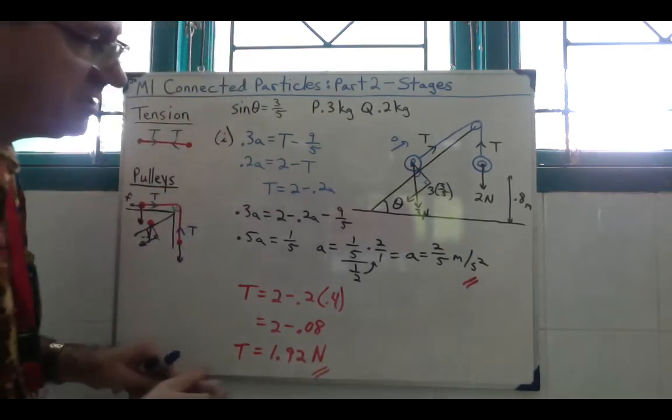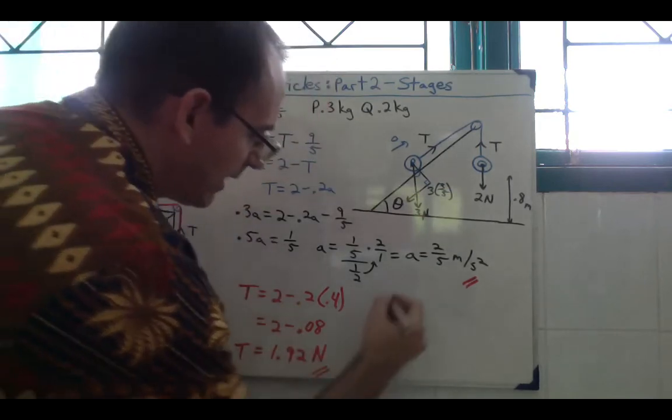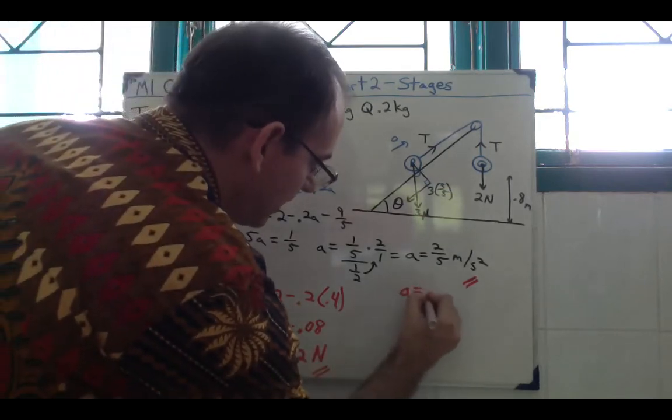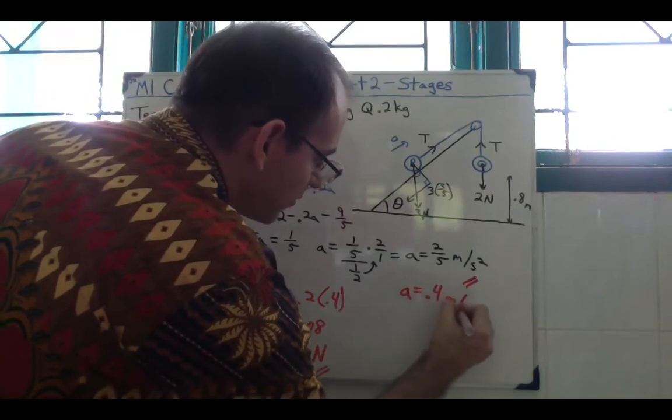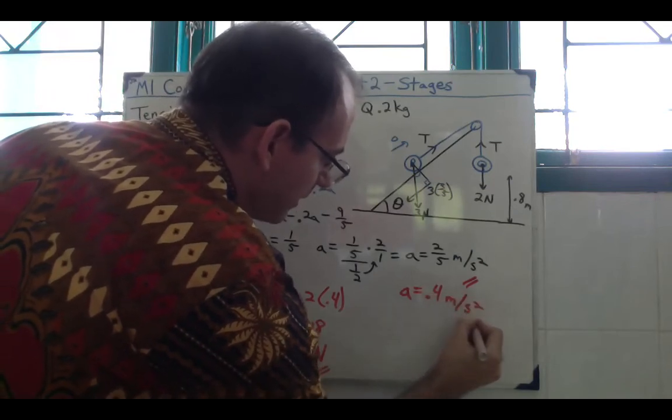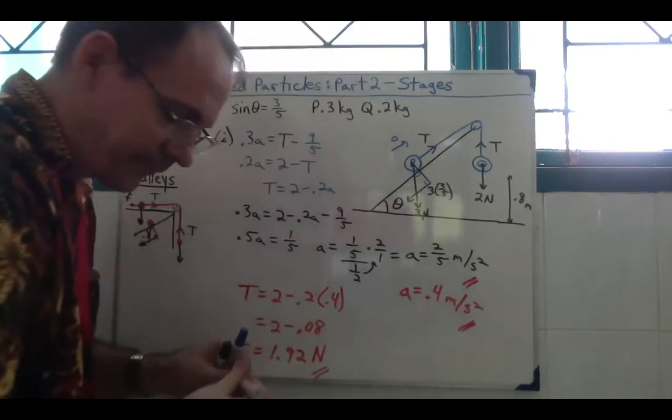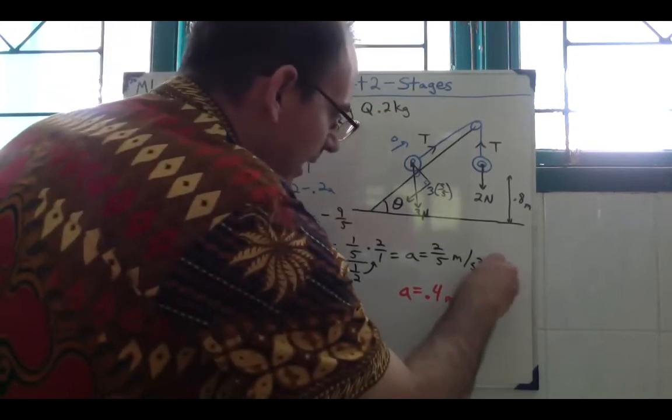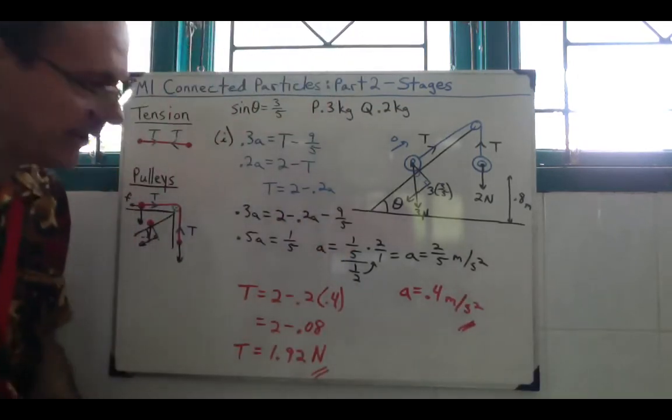So we have a tension of 1.92 newtons, and our A in decimal form would be 0.4 meters per second squared. And so there we have our tension and acceleration.